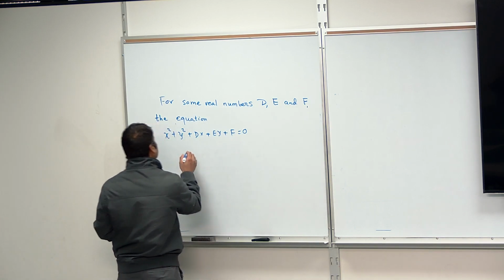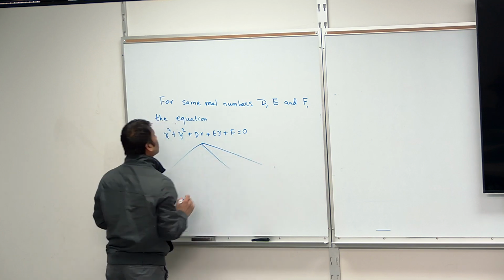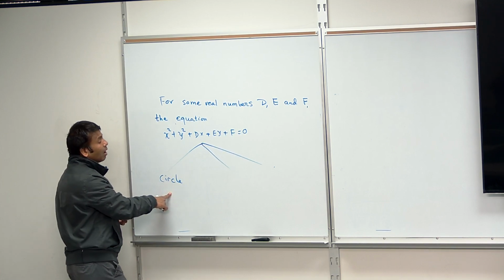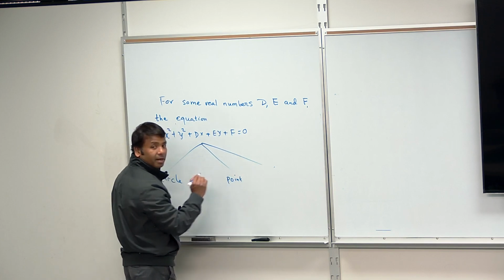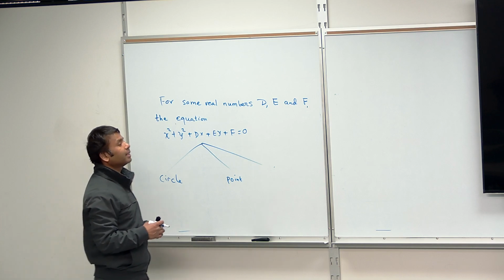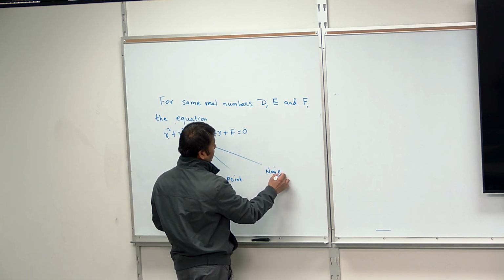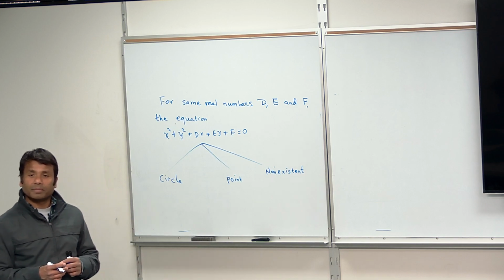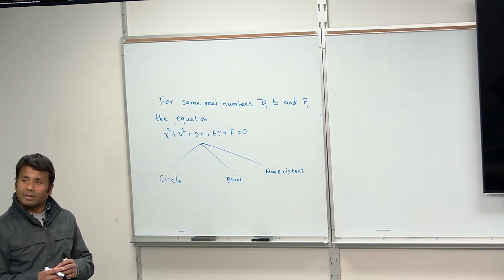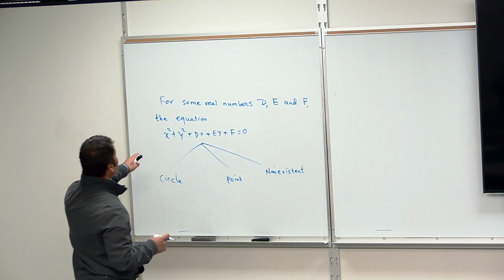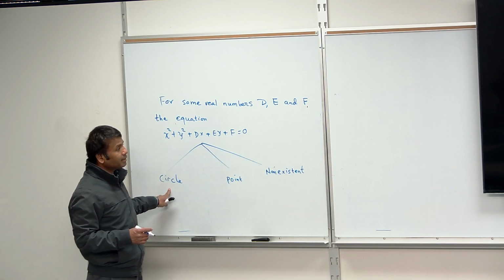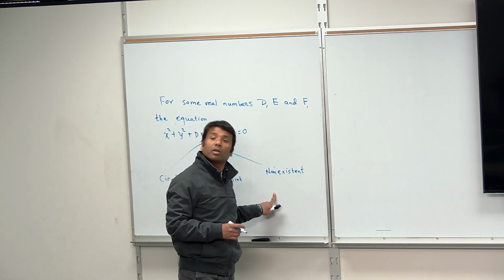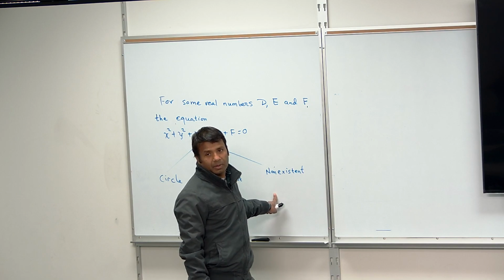It can have a graph. The graph of this equation can be a circle, or a point, or the graph may be non-existent. You see what I'm talking about, right? We'll talk about that, okay?